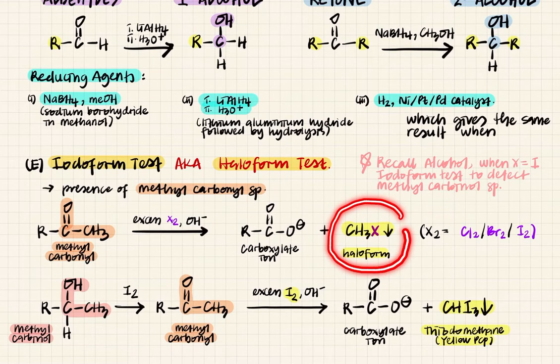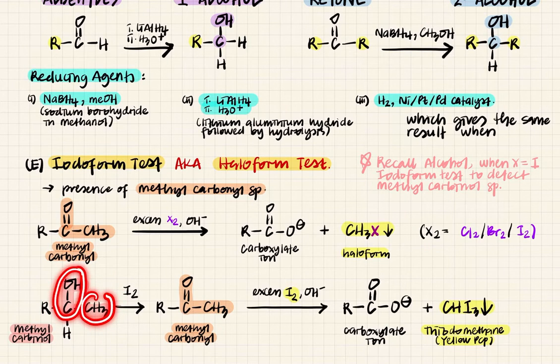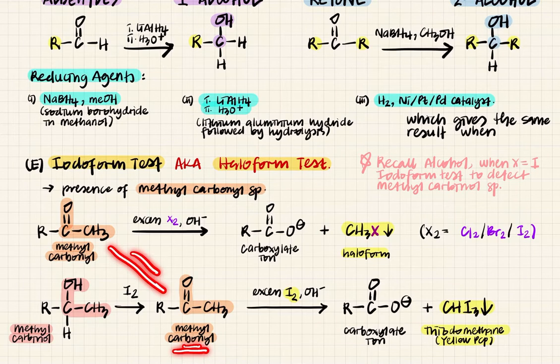In the iodoform test for alcohols, we used it to detect the methyl carbinol group, specifically using I2. Here we have the methyl carbinol group, where OL means OH. When it reacts with I2, you will get the methyl carbonyl, which is this one.